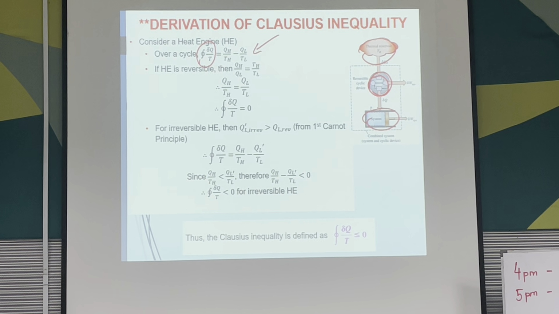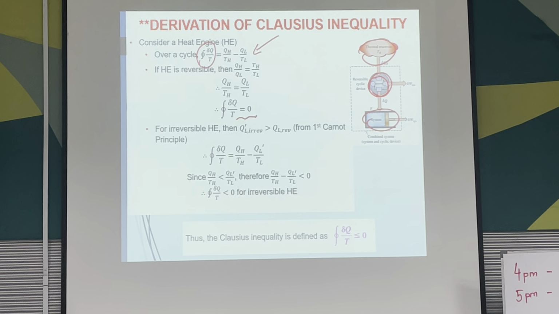So you will arrive at the conclusion where the cyclic integral of delta Q over T is equal to 0. Makes sense, right? The change in the heat over T will be QH over TH minus QL over TL. If you replace it with QH over QL equals TH over TL, you will find that QH over TH is equal to QL over TL. That's why the change is 0.